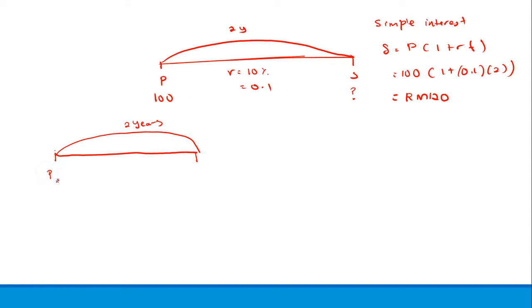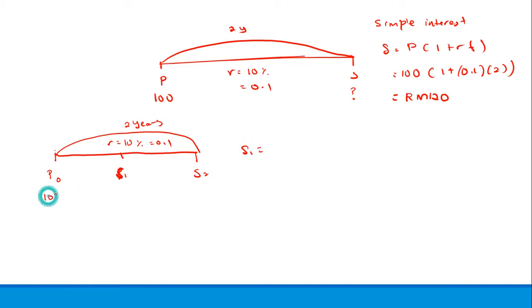This is P0, let's say this is P1 and this is S, with R equal to 10%, similar case, which is 0.1. How do you get this? First, you try to find S1. Let's say this is S1, this is S2. First, find S1.